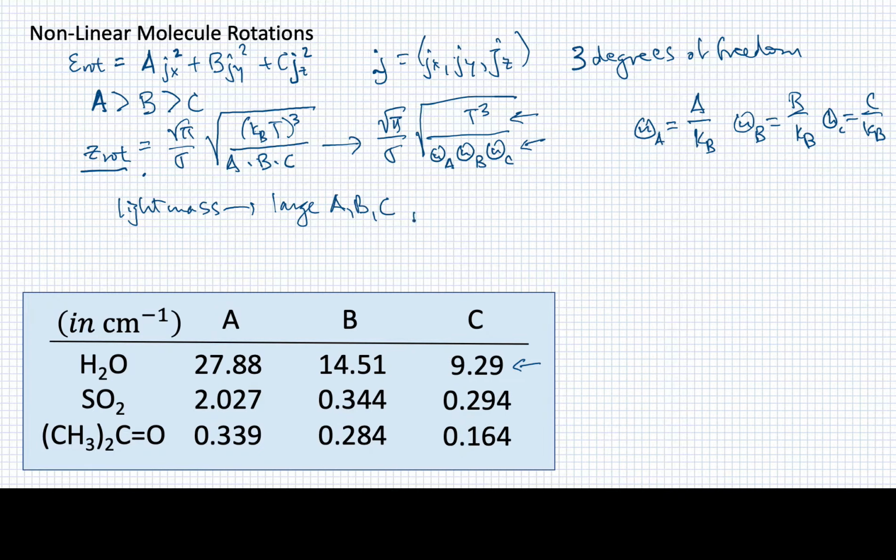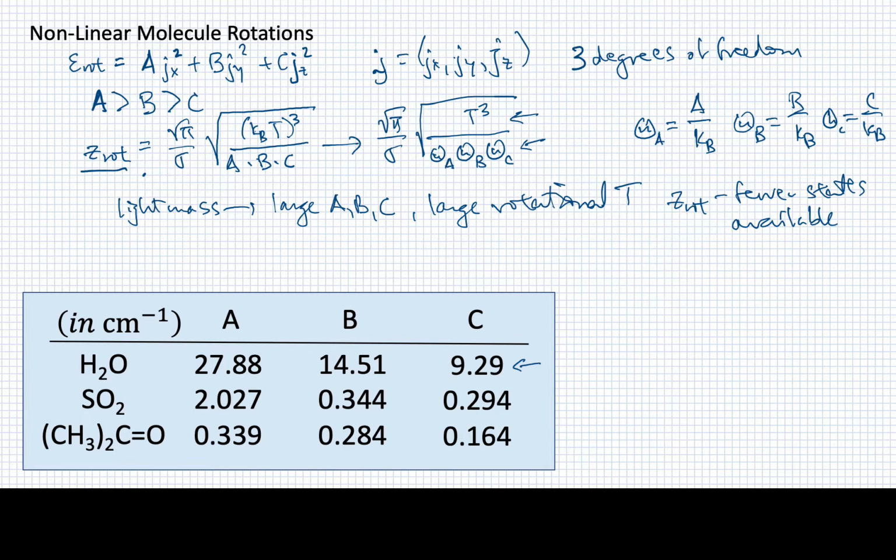It will also result in large rotational temperatures. And this combination of factors means that the Z that we get from this, the partition function, is typically going to have fewer states available. It's going to be smaller.